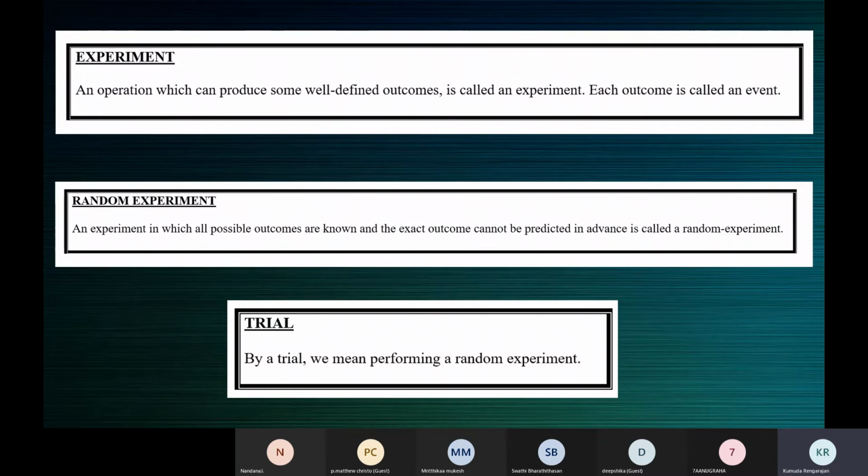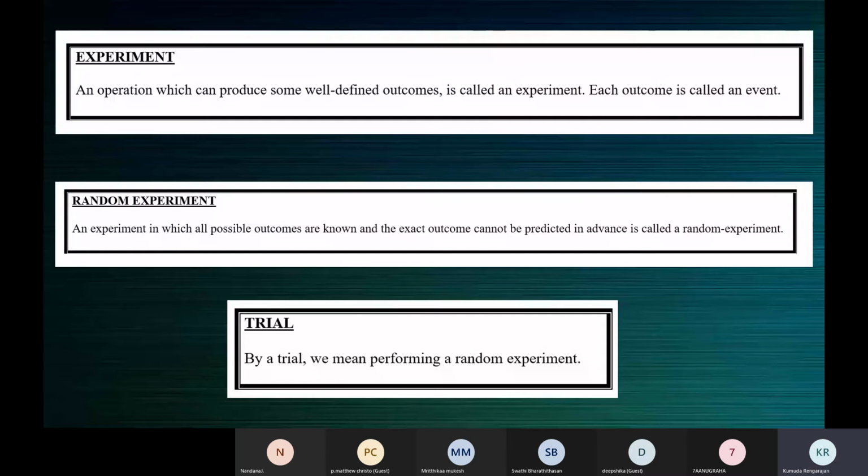So when I roll it, the outcomes are well defined. When you roll a die, the outcome, which is the result, can be 1, 2, 3, 4, 5, or 6. You know one of these will happen.